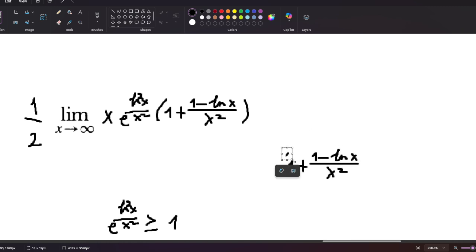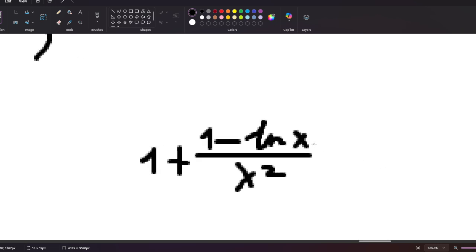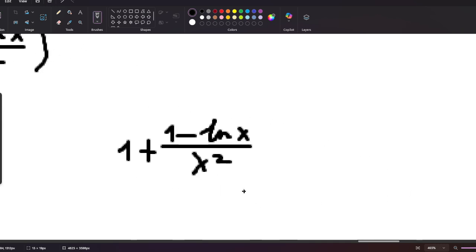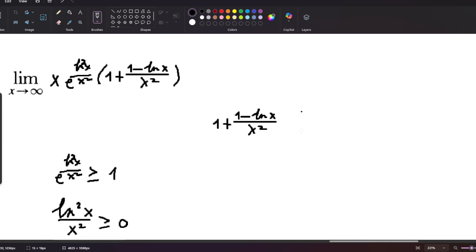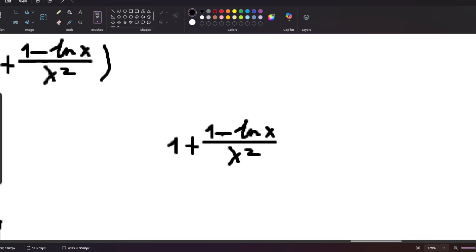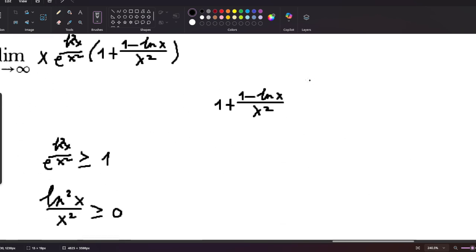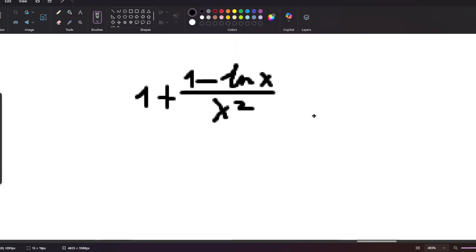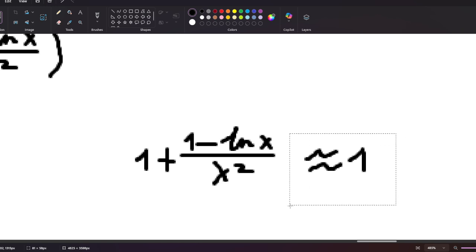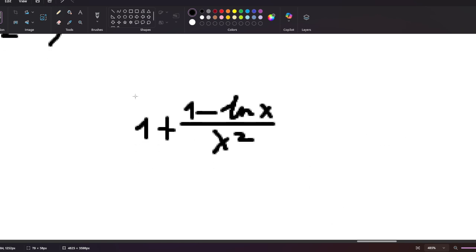Now, if we were to take really huge values of x, this is not going to be equal to 1. Yes, this would be approximately 1. So let's just prove that now.